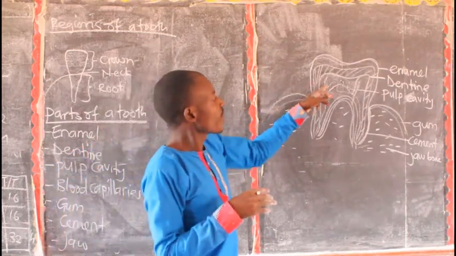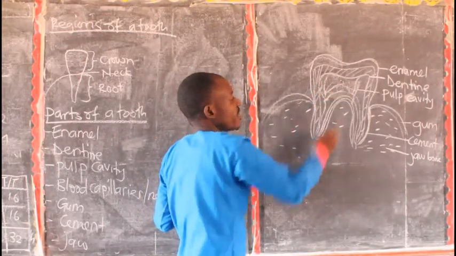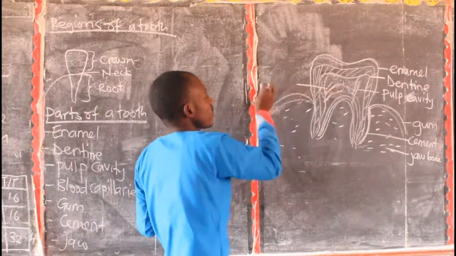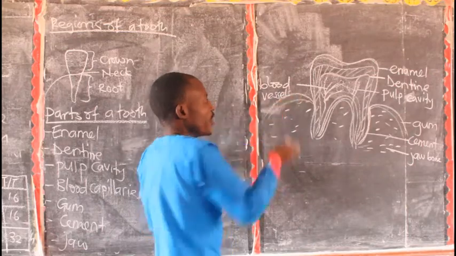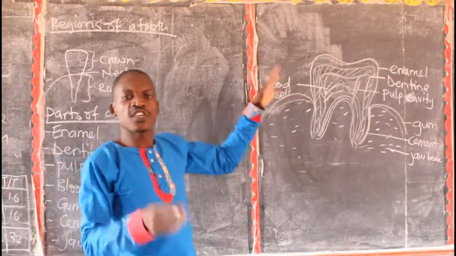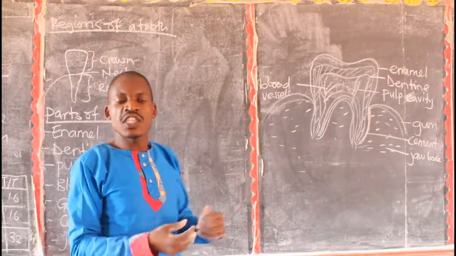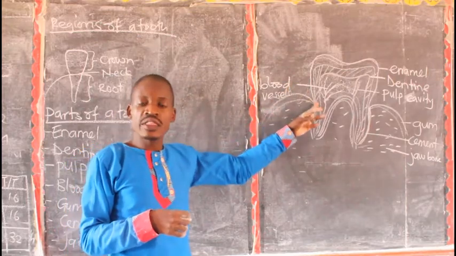Then inside the pulp cavity, we have the blood vessels and nerves. These are the blood vessels inside here. The importance of these blood vessels is to supply the tooth with food and oxygen. The oxygen we breathe in moves until it reaches your tooth.